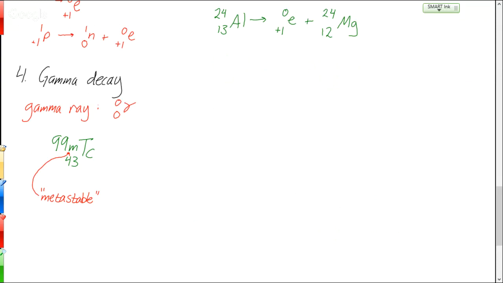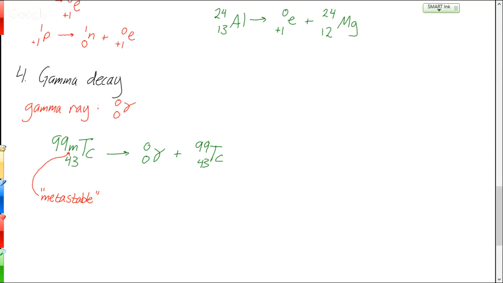So it's partially stable, not quite stable. And that means it's higher energy than it would like to be. So when it decays, it emits that gamma ray and then stabilizes itself like this. So no numbers change, all you lose is the m. And now you have a more stable nucleus.